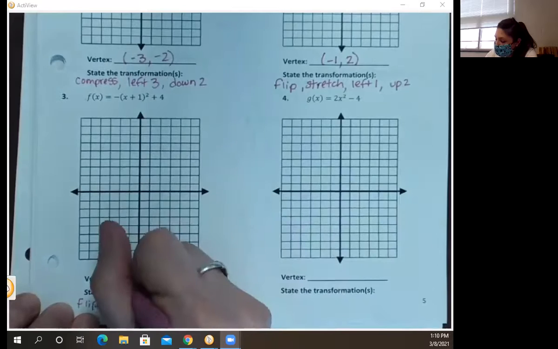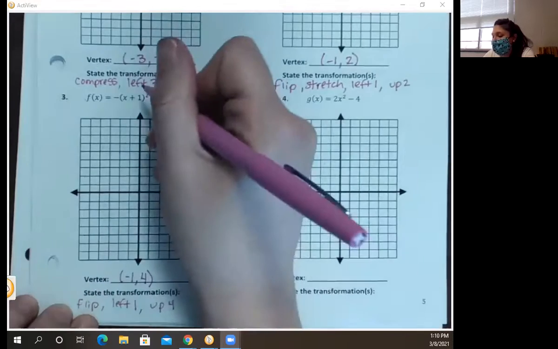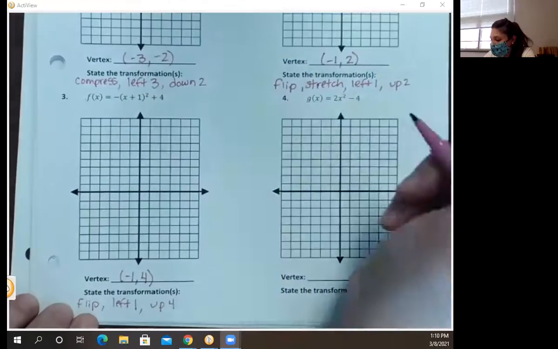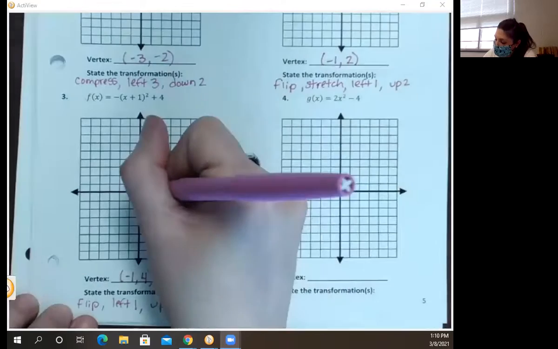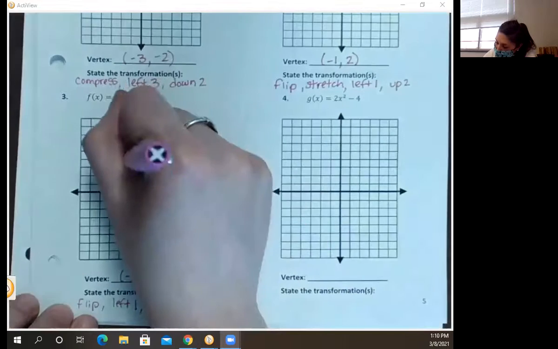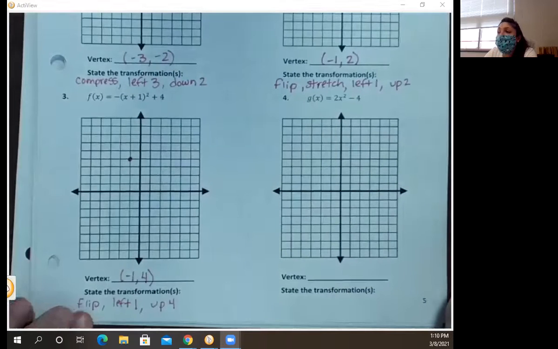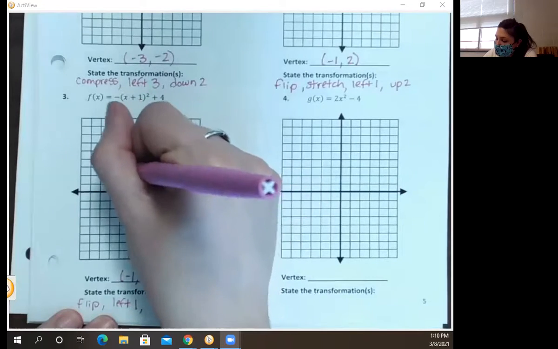My vertex would be -1, comma 4. Opposite sign of what's in parentheses with x. And then here's my y value. So -1, 1, 2, 3, 4. And then our graph is flipped, but it's not stretched or compressed. So down 1 and out 1 to get those next nice points.